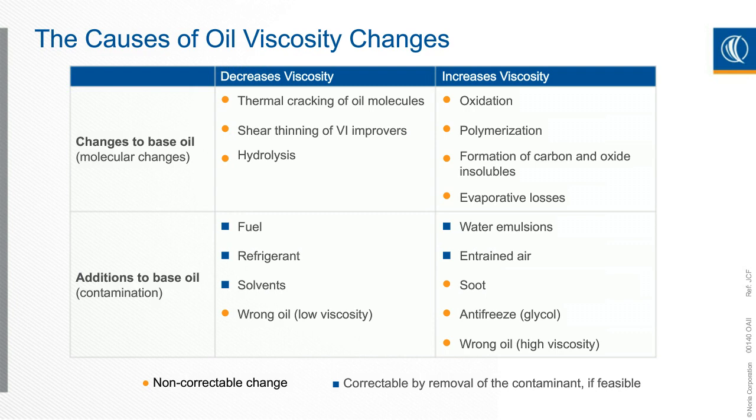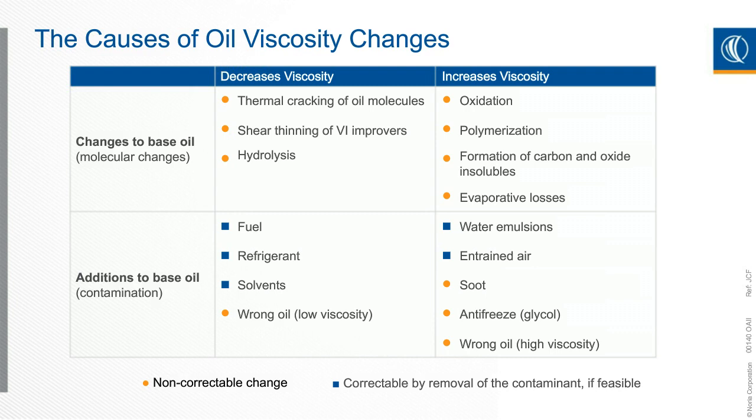That's the circles here. Most of the things that happen to change the base oil's chemistry will be more of a permanent change. So an increase in viscosity, that would be like oxidation, polymerization. A decrease, you may have thermal cracking in the oil molecules. Something is causing the molecules to break apart where the average molecular size is then smaller. So that's like shear thinning or hydrolysis.